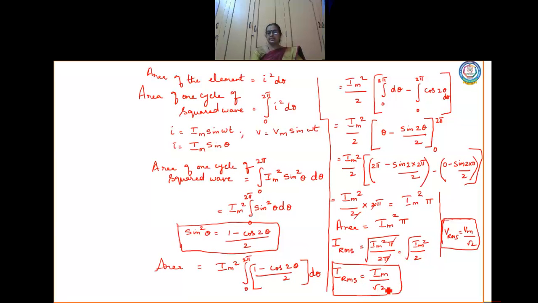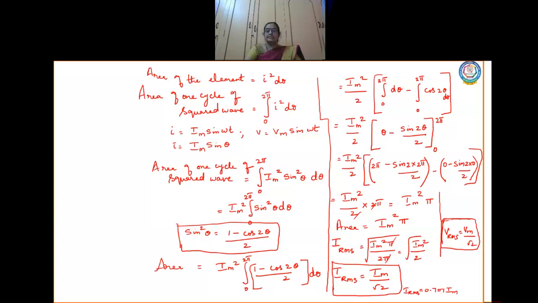The root 2 value is 1.414, so I'll have the value for IRMS as 0.707 times Im.